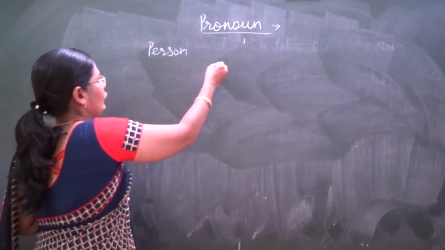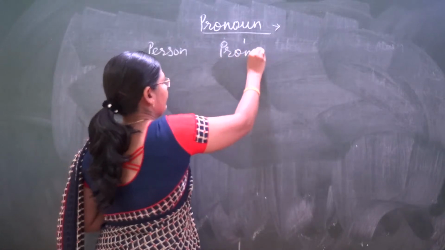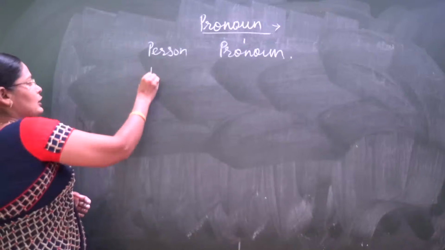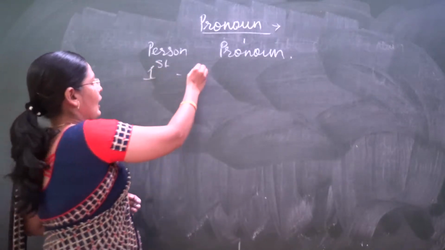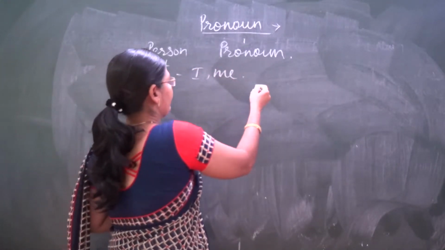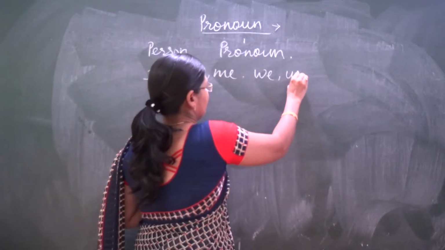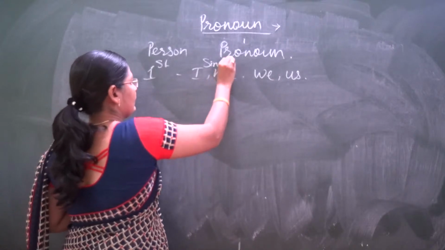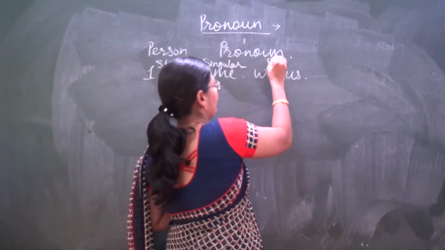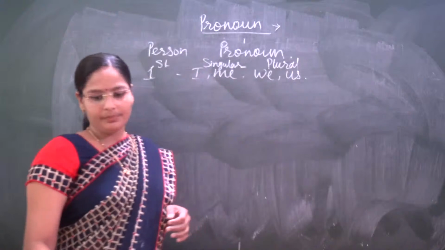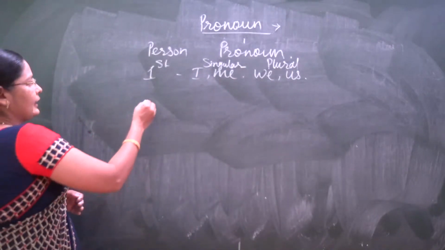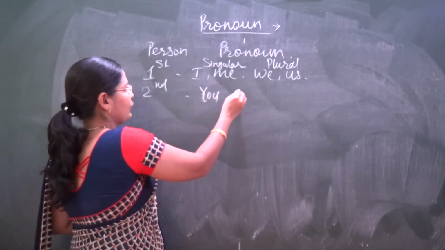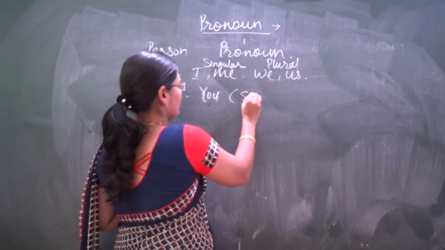Person and pronoun. Which pronoun are we using for which person? For first person: I, me, we, and us. I, me for singular and we, us for plural. Second person is you, for both singular and plural. You is used for singular also and plural also.